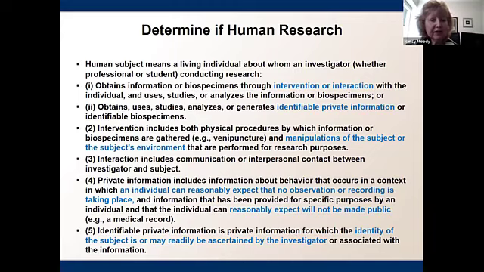Private information includes information about behavior that occurs in a context where there is a reasonable expectation that there would be no observation, or that it would not be published, such as a medical record. And identifiable private information is information where the identity of the participant may be readily ascertained.